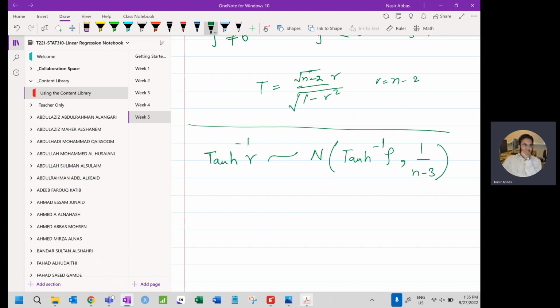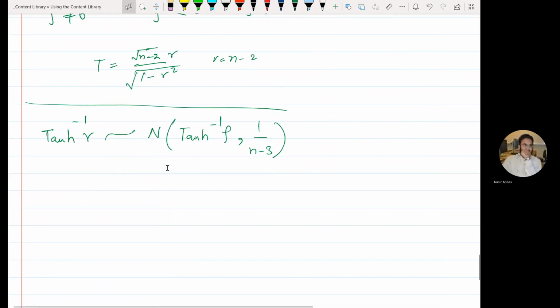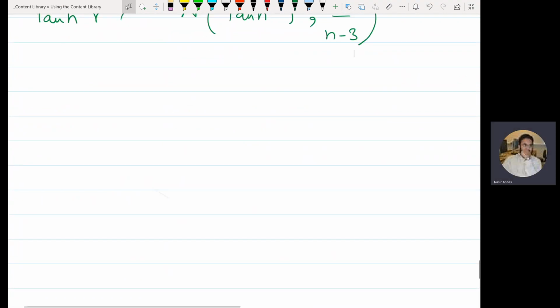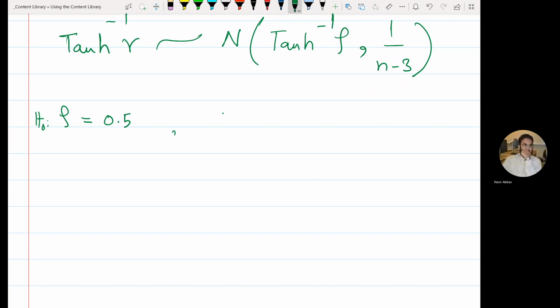To use this approximation, here is the complete guide. Suppose you want to test that rho equals 0.5, let us say an imaginary number, against H1, rho is not equal to 0.5. What you will do is calculate a z statistic.